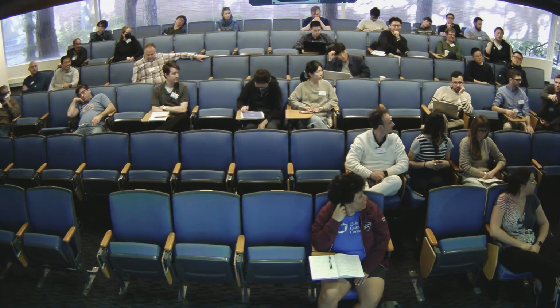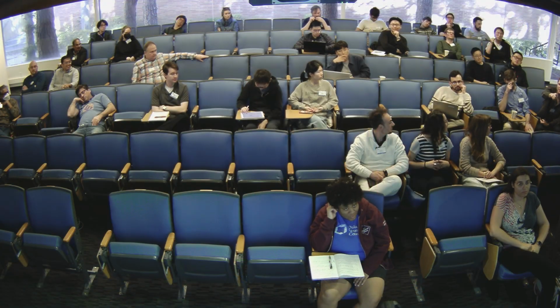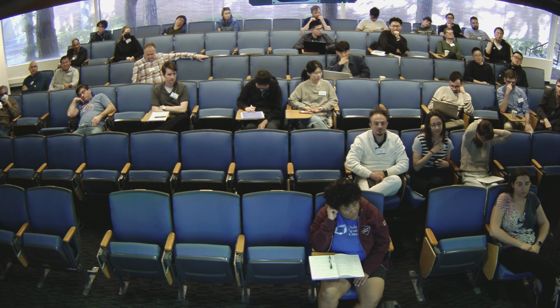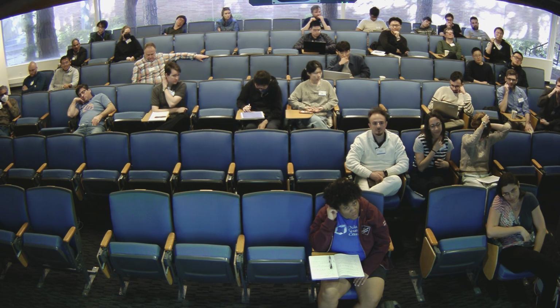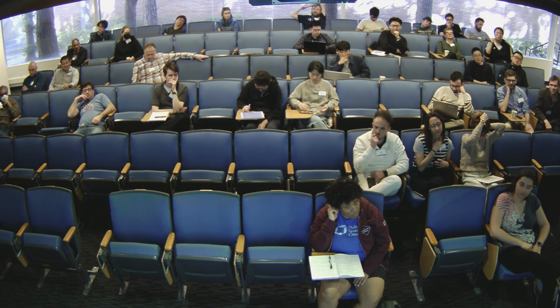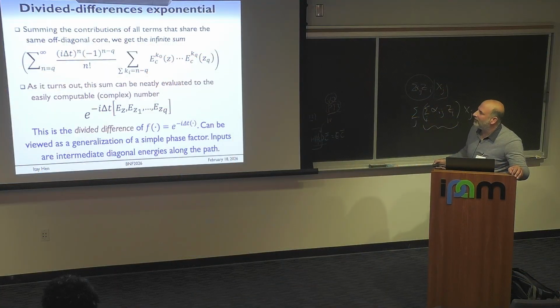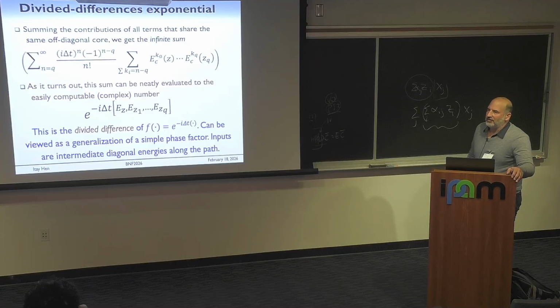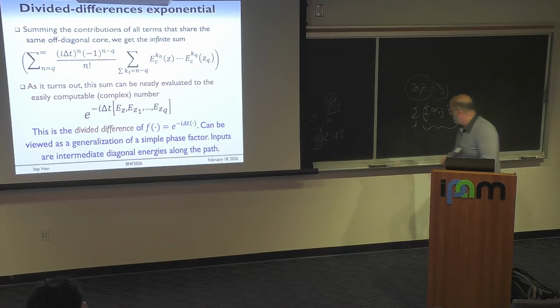Hey, Itay. Wait, I'm realizing maybe I didn't understand the notation from a few slides before, on the divided differences slide. The slide you said was mostly this one, maybe? Yeah. Okay. Could you just explain the notation there? Sure.